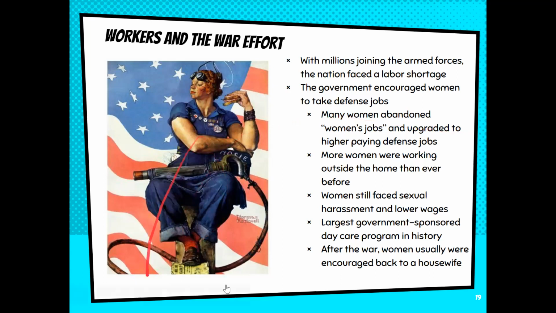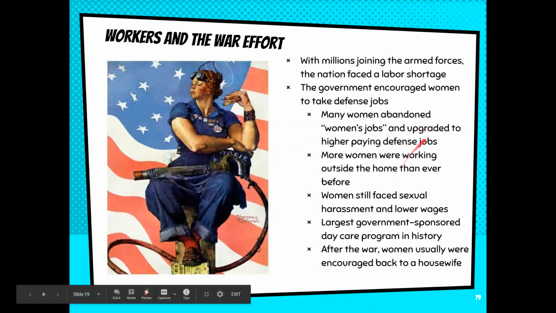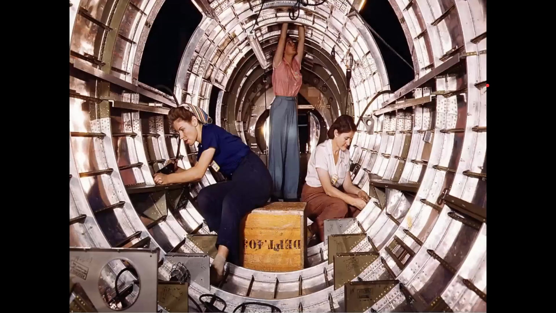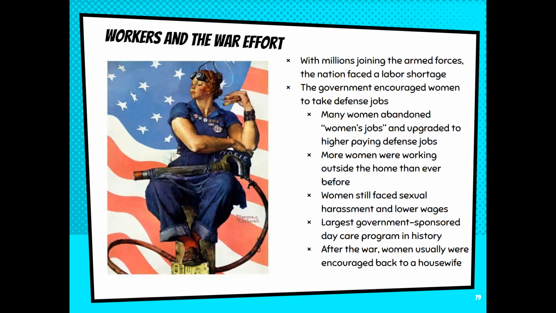This is a picture of Rosie the Riveter. I know you've probably seen the picture of the woman with the bandana on her head and she's flexing her muscle. If you went back to 1942 and you asked Americans who's Rosie the Riveter, I would say 95% of people would point to this picture of Rosie the Riveter.